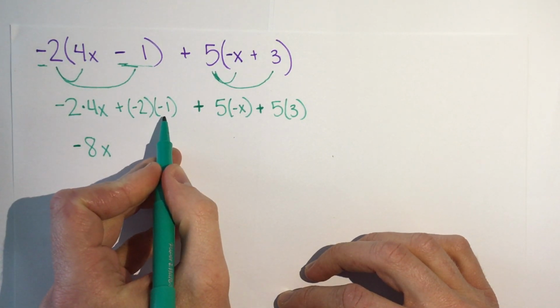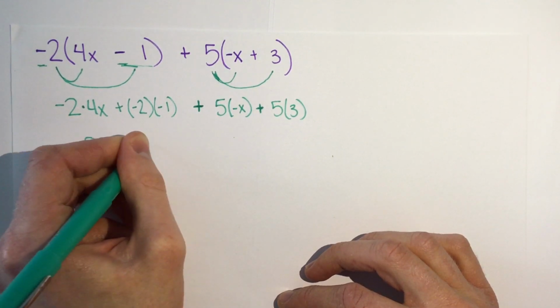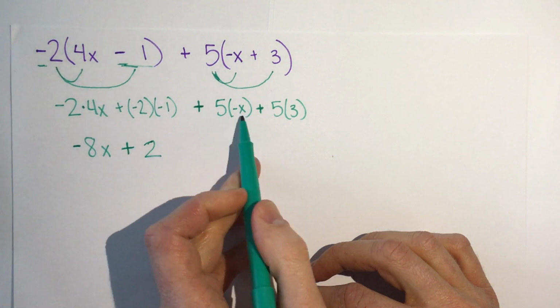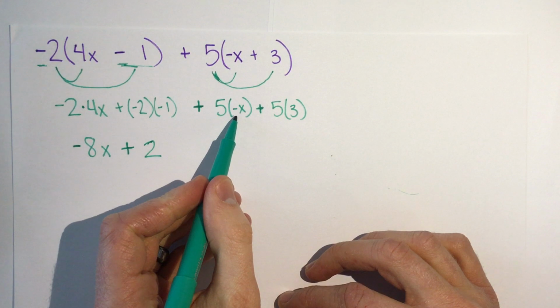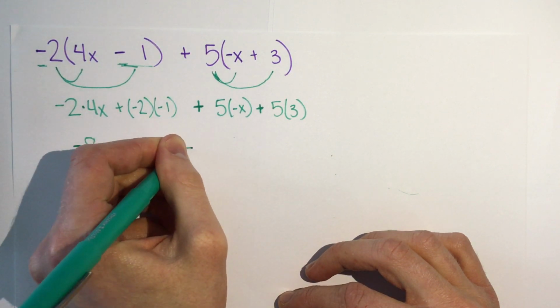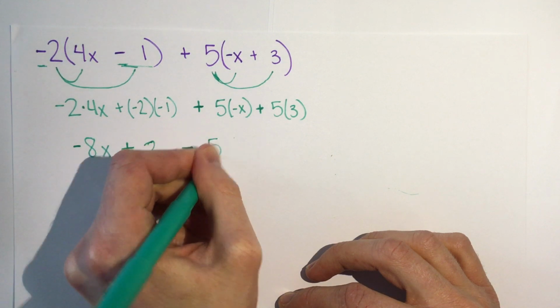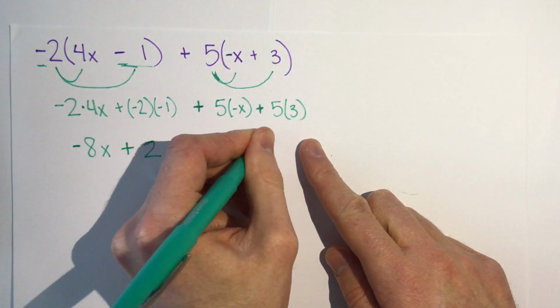Negative 2 times negative 1, remember negative times a negative is a positive, so it's 2. 5 times negative x, remember positive times a negative is negative, so instead of writing the negative here, we'll write minus 5x. And 5 times 3 is 15.